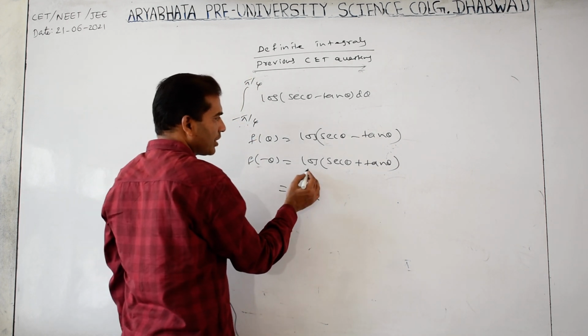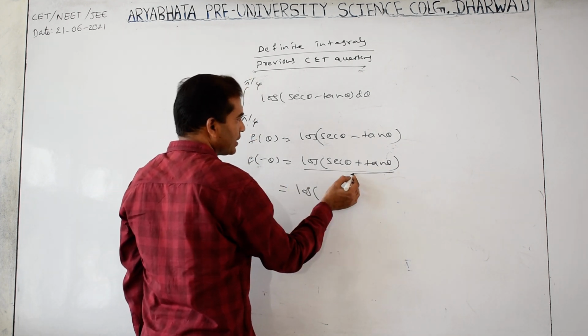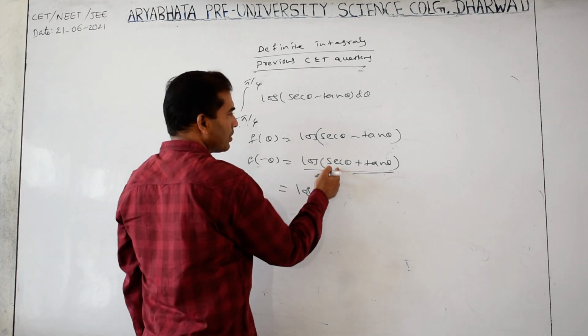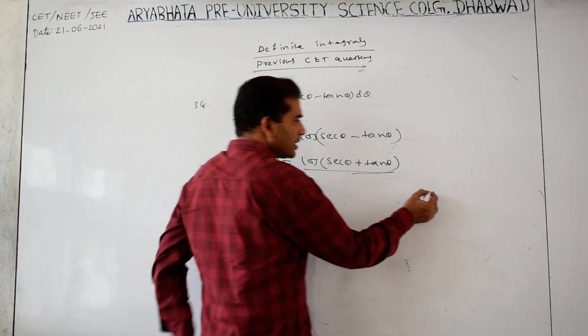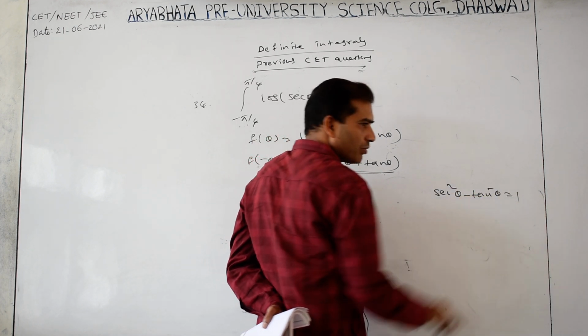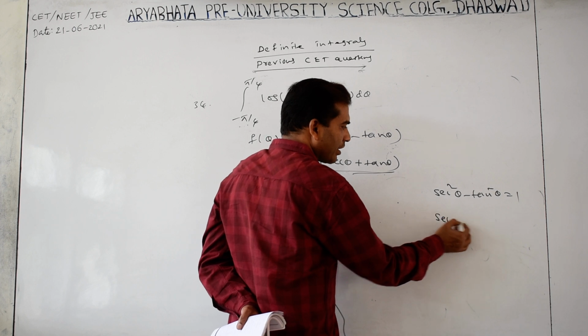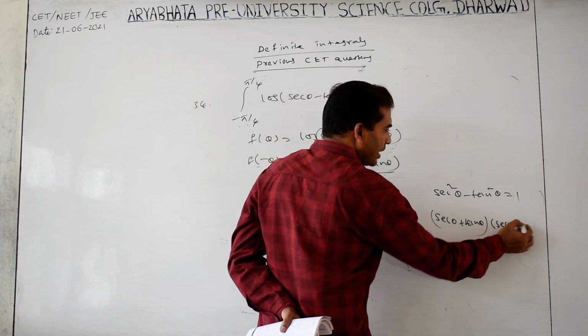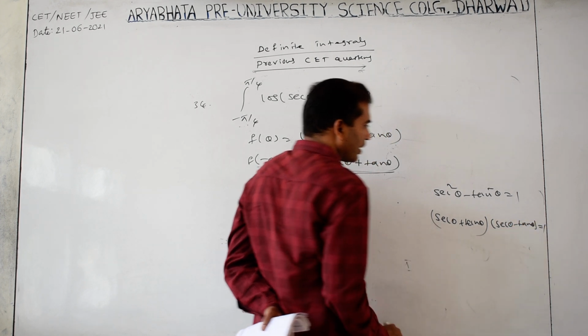Log of sec theta plus tan theta. Here the student can get stuck. By seeing this, they may decide it is neither even nor odd. But it is possible to bring it to another form. How? Secant square theta minus tan square theta equals 1. Secant theta plus tan theta into secant theta minus tan theta equals 1.